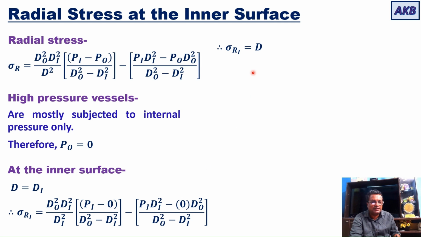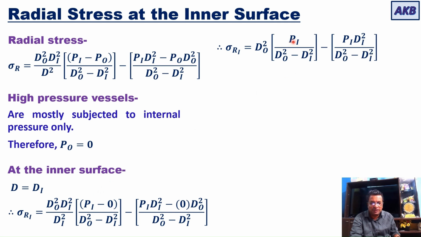So if you simplify it, sigma Ri will be equal to do square, because di square gets cancelled, into (Pi minus 0 is Pi) divided by (do square minus di square) minus 0 into do square is 0, so it would be Pi di square upon do square minus di square.